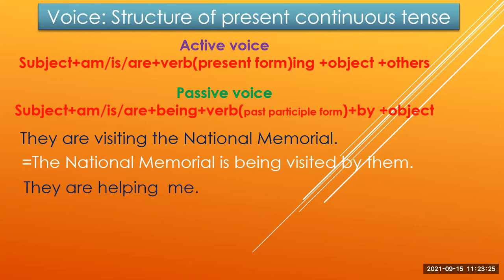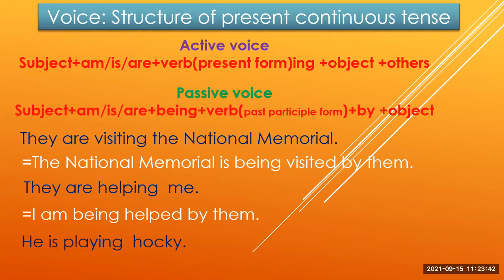Another example is they are helping me. This is also a present continuous tense. So the passive form of this sentence is I am being helped by them. He is playing hockey. The passive form of this sentence is hockey is being played by him.